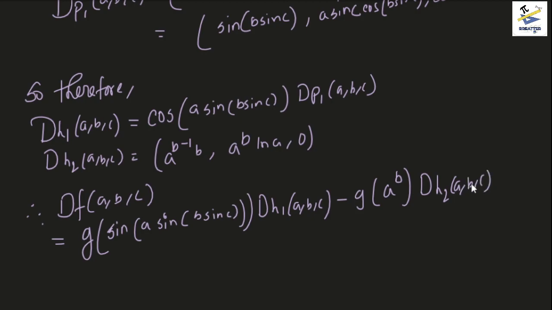And dh1 and dh2 are as defined above, and dp1 is also defined above, so you can find the derivative at basically any point where it is defined, right?